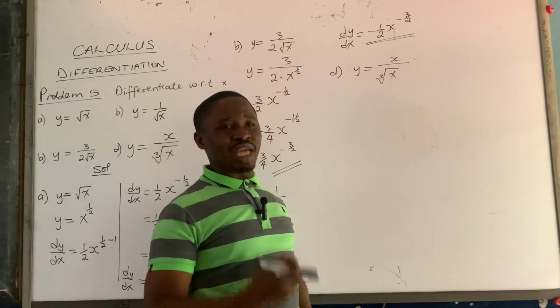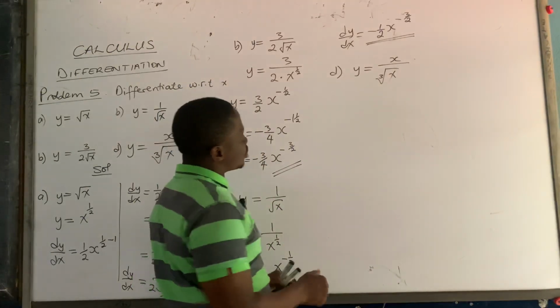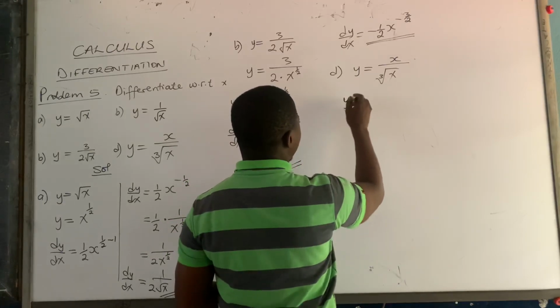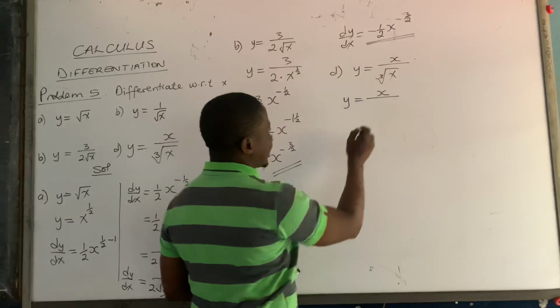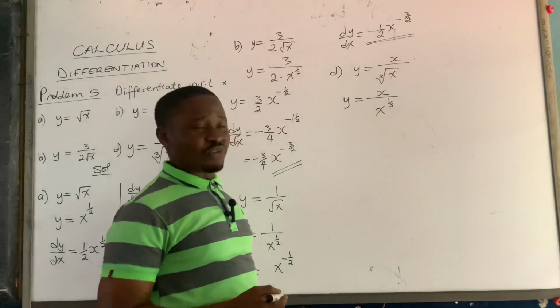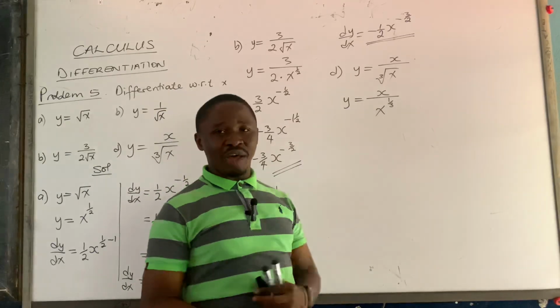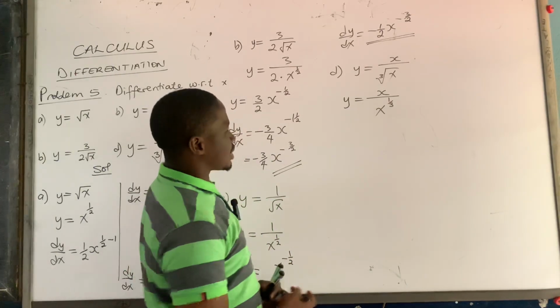Then we don't want to see x serving as the denominator. So to start with, we say y is equal to x. The cube root of x is x to the power 1/3. You can consult laws of indices to understand that.